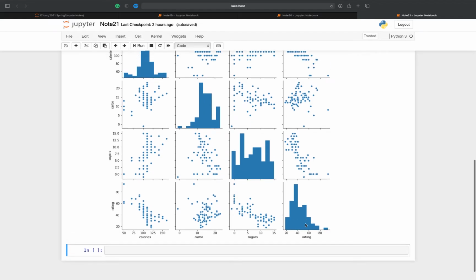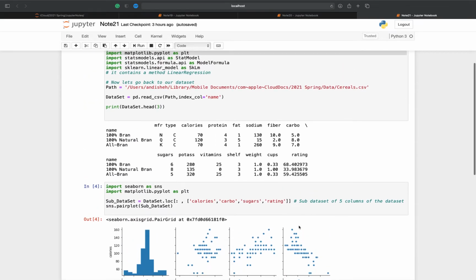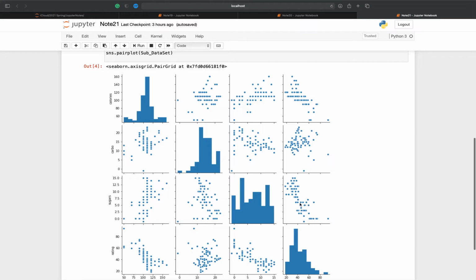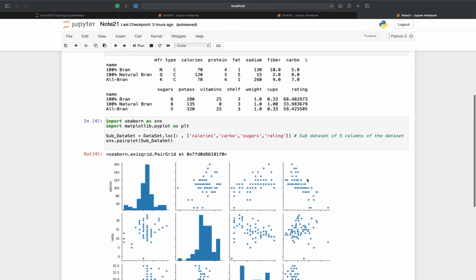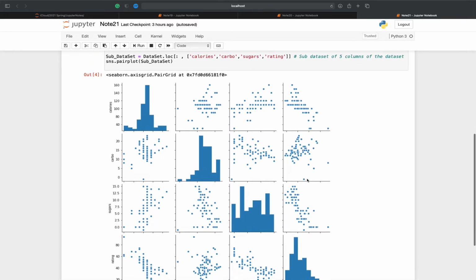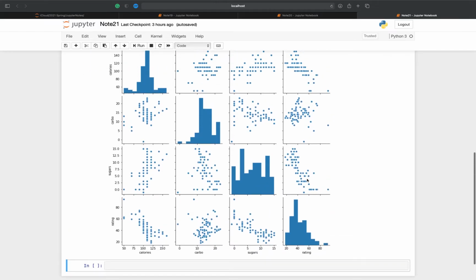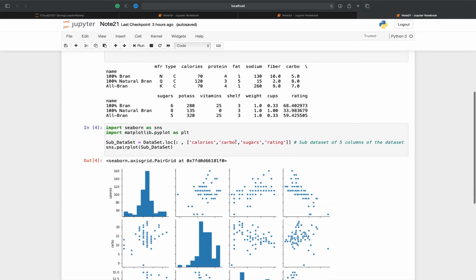Okay, so this is the correlation matrix that I wanted to show you. So what I'm going to do, I'm going to choose rating and, what else? Sugar and calories. What else? Let's try fat instead of carb.